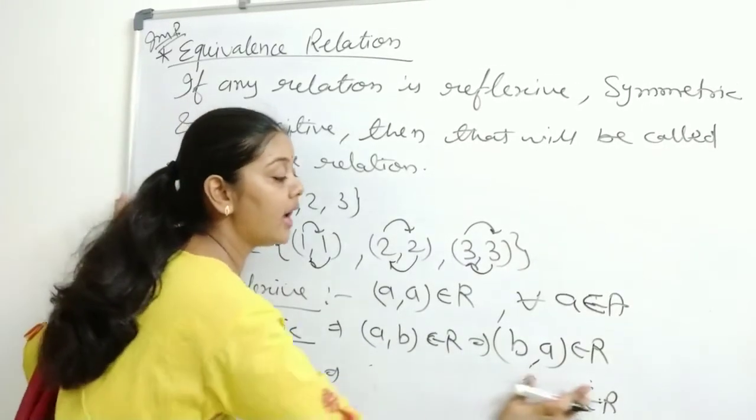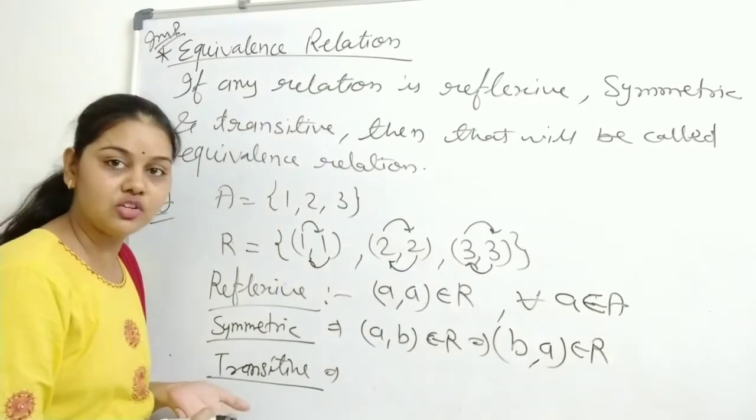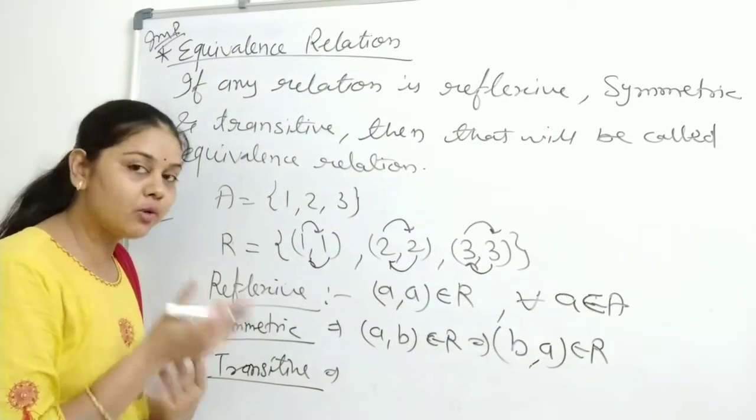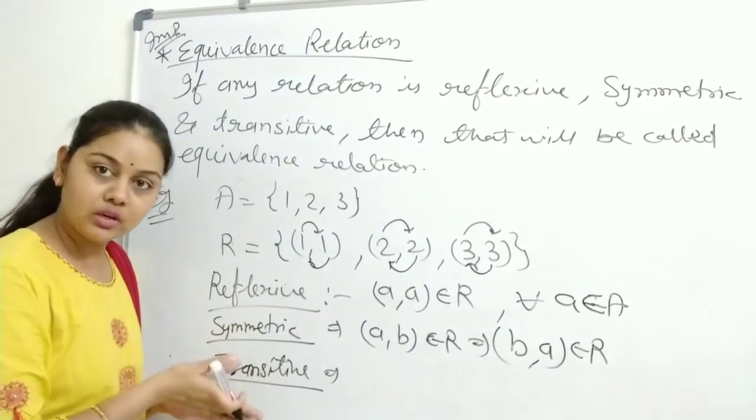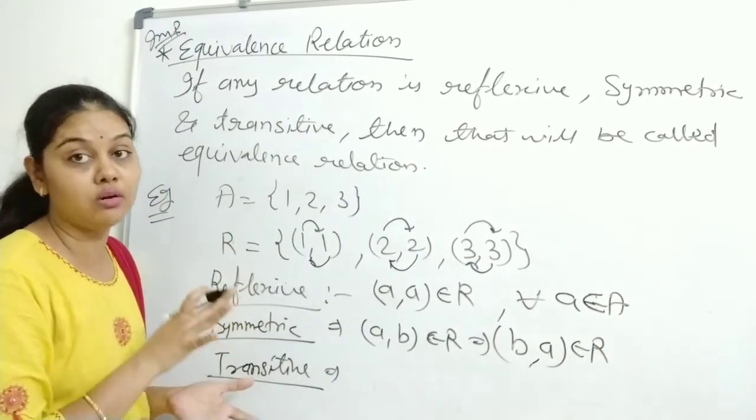So that's why I don't have the left hand side, the required condition of transitive. Since I am not having any condition to check, that's why this relation is called transitive.